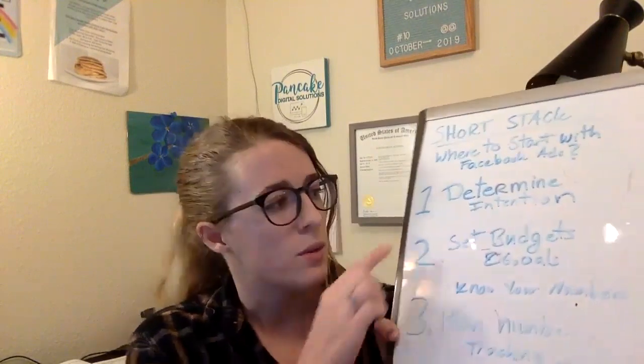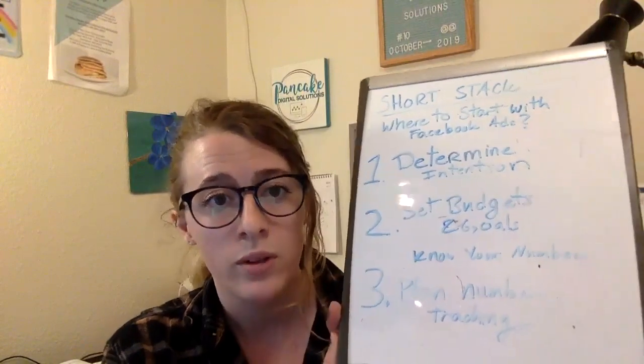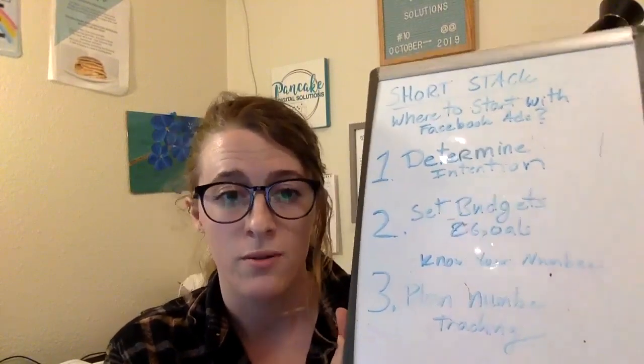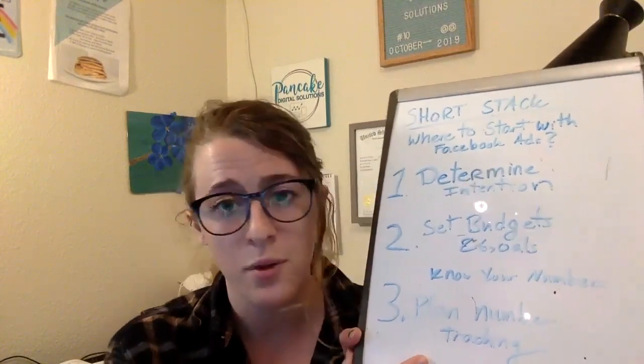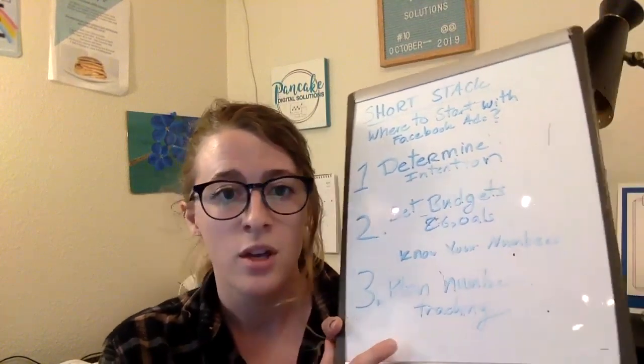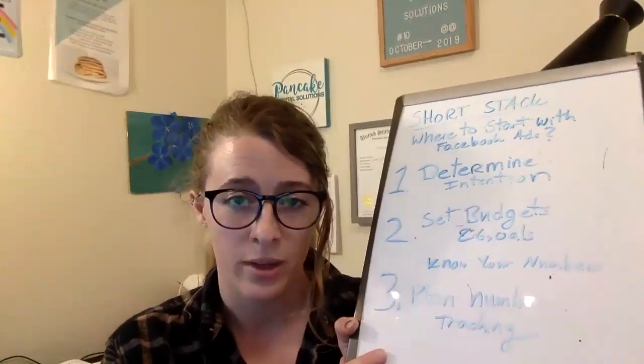These are the 3 structural outlines that you're going to want to have before you start Facebook advertising. This is before you create your first ad, before you've created the content or the image. You want to make sure that you know these 3 steps that you'll be able to accomplish.